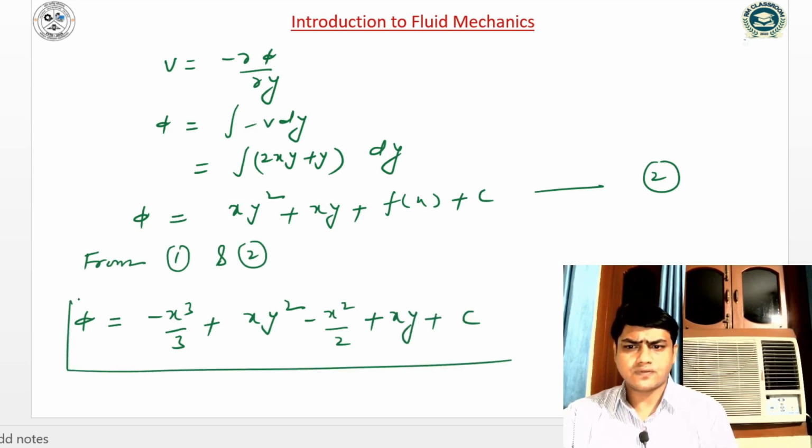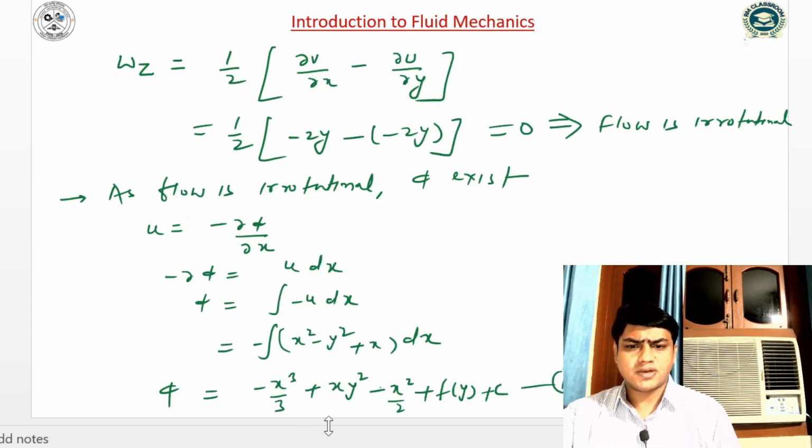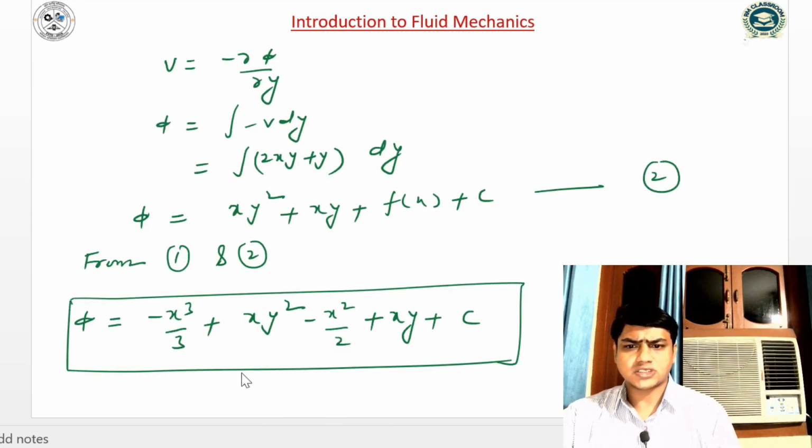So this is the equation of velocity potential: minus x cube by 3 plus xy square minus x square by 2 plus xy plus some constant.